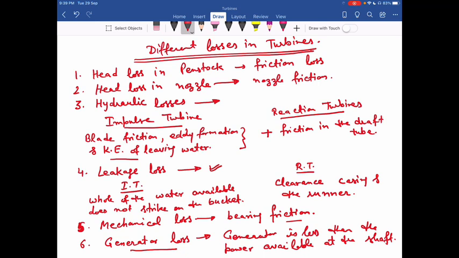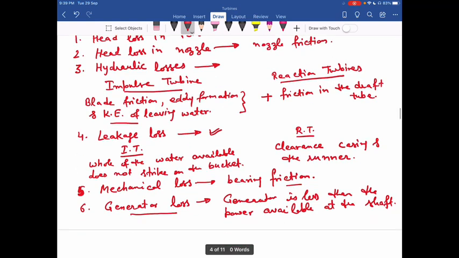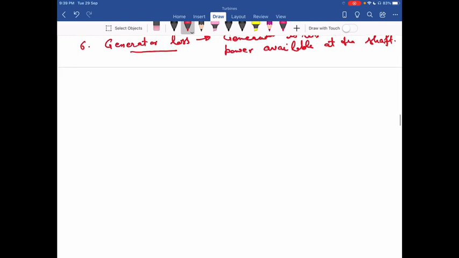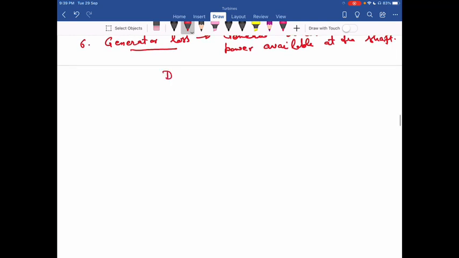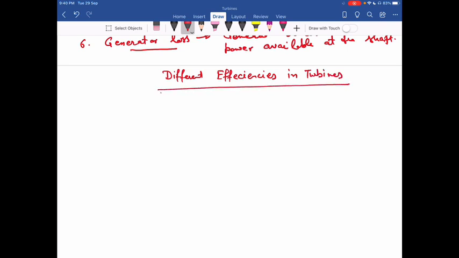Now, if we want to account for all these losses in the turbines, we have different efficiencies. The first efficiency is the hydraulic efficiency.